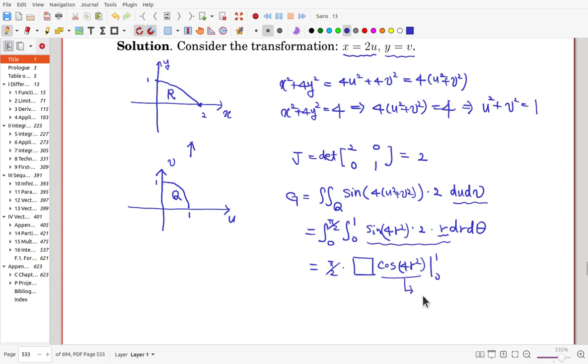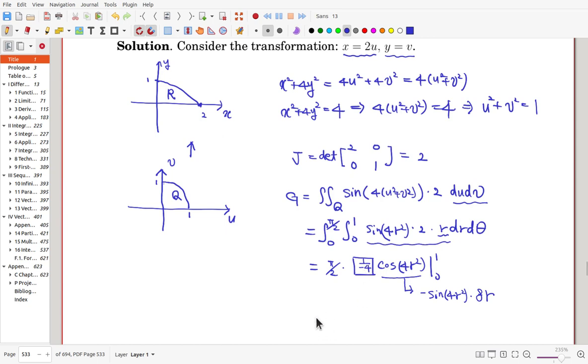Then there will be minus sine of 4r squared, and then 4r squared will make here 8r. Now compare with this one, we have an extra minus 4, so that we put here 1 over minus 4, right?